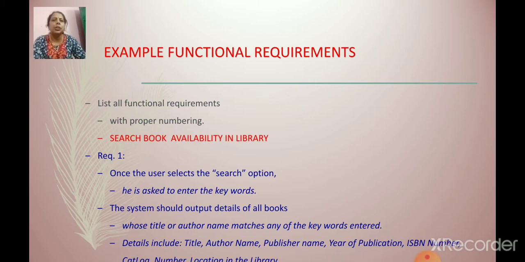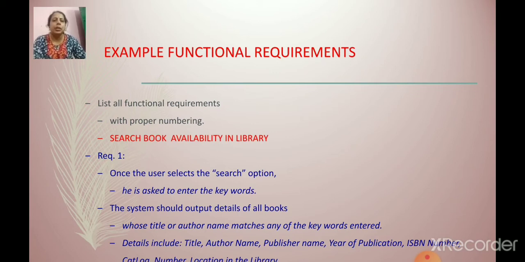Once the user selects the search option, he is asked to enter the keyword. It means that when the user selects the search option, he will be prompted to enter the book name or author name. The system should output the details of all books whose title or author name matches any of the keywords entered.